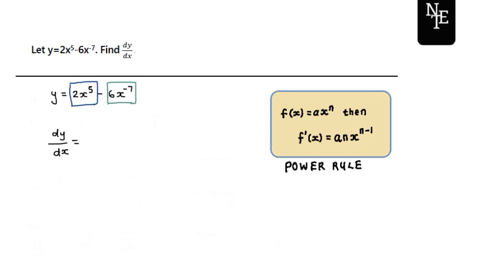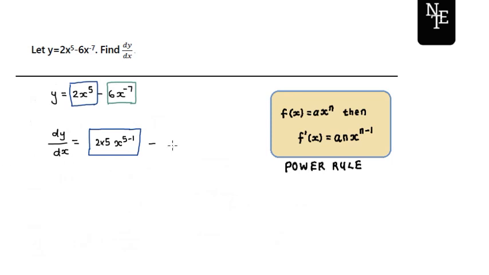So for the first term, our term in blue, that's going to differentiate into 2 times 5, and then we're going to have x to the exponent 5 minus 1. We still have our minus sign.